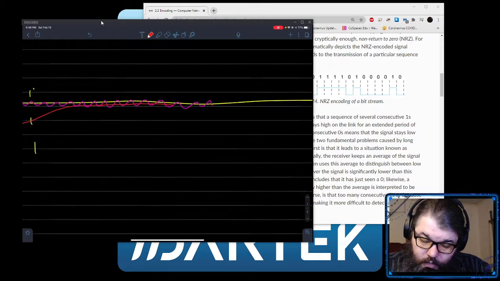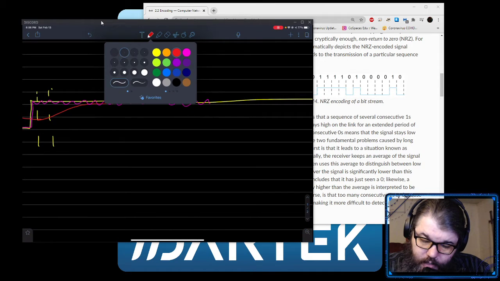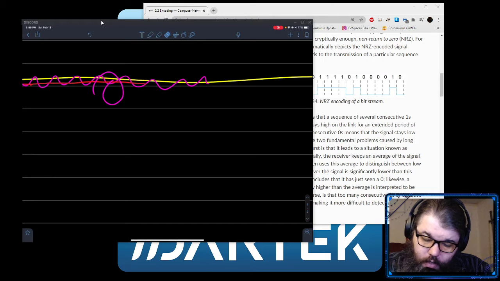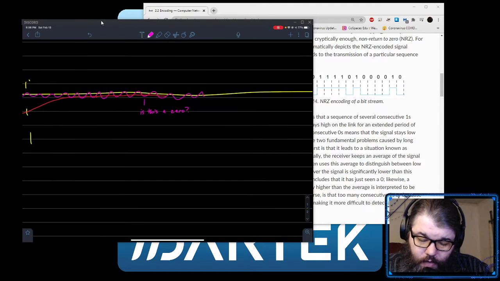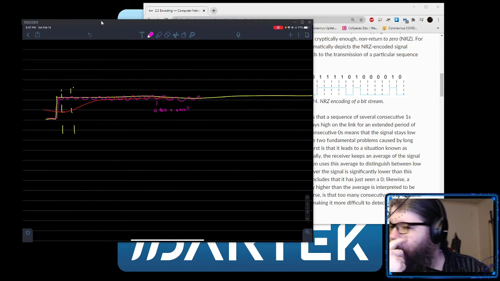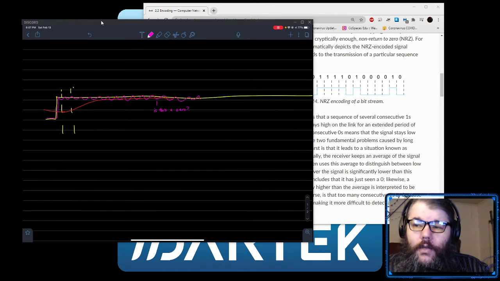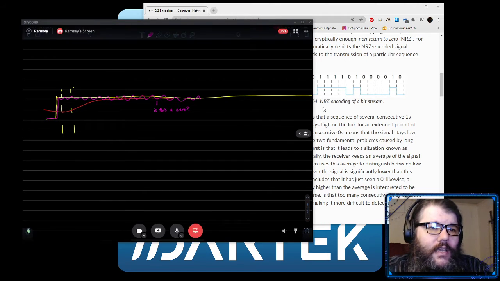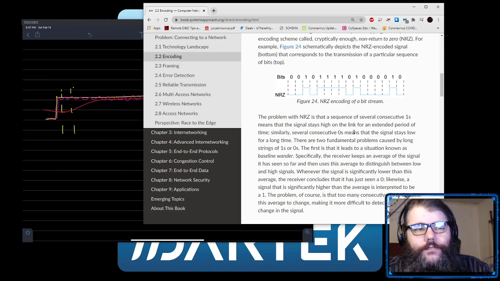If it creeps up too much, then some of these points, as we zoom in again, are going to look like they should be zeros. Is this a 0? That's the point of baseline creep. This can happen if you get too many ones in a row, or too many zeros in a row, so it's something to look out for and be careful of. It is a problem with NRZ that creeps in.